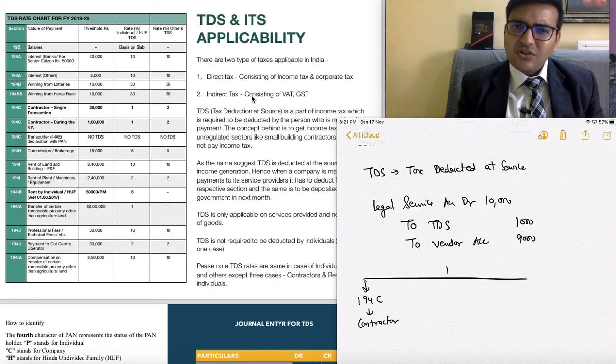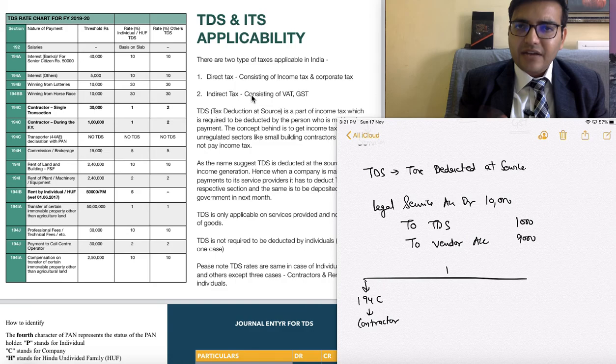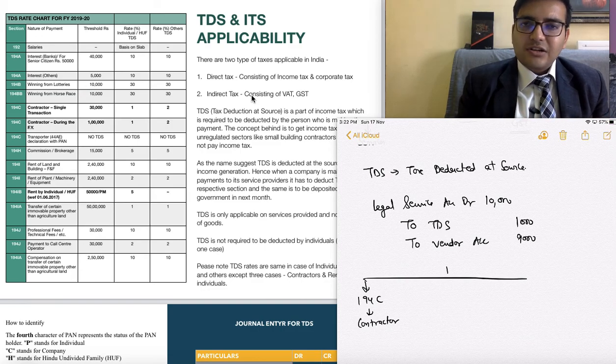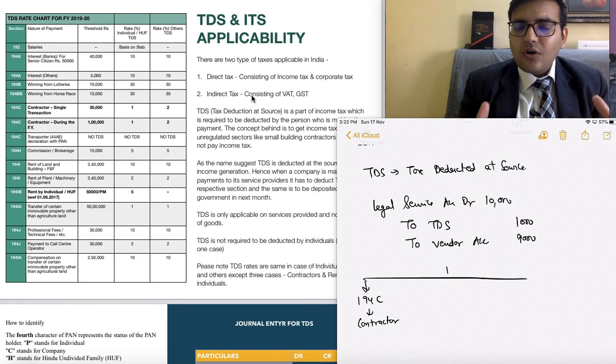Now what is a contract? Whatever service you have taken and made a contract for, whether written or verbal, when you take a service from a person related to repair and maintenance in general, that is a contract.